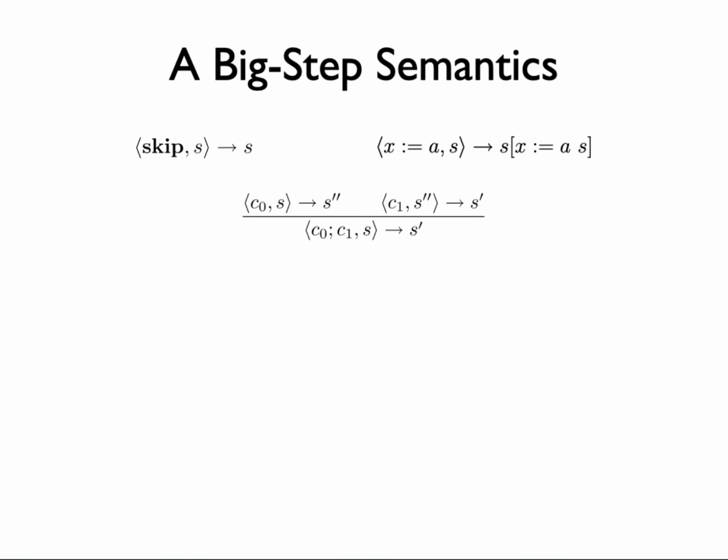cover all that ground. This is for the semicolon, so do you see that C0 semicolon C1 started in a state S. If C0 terminates, again starting in state S and terminating in some intermediate state S double prime, then provided as well C1 terminates started in S double prime, then the whole thing will terminate.